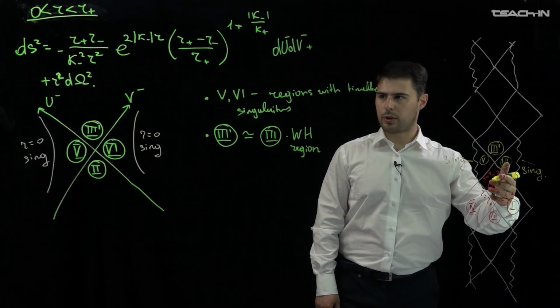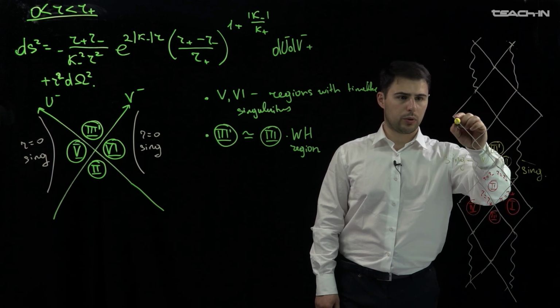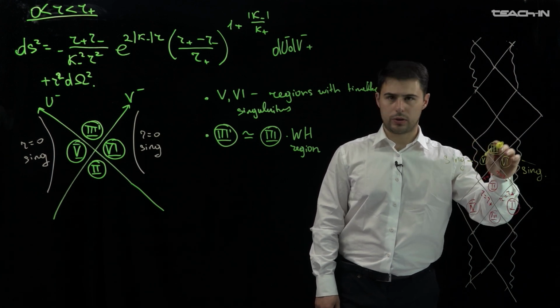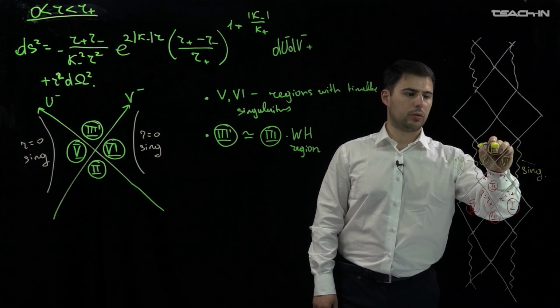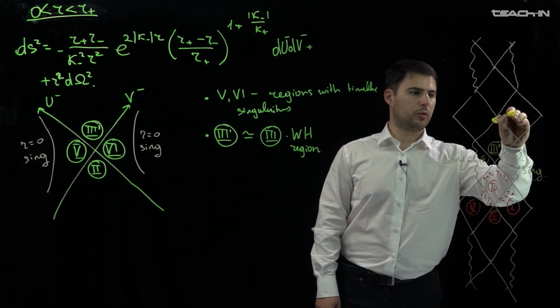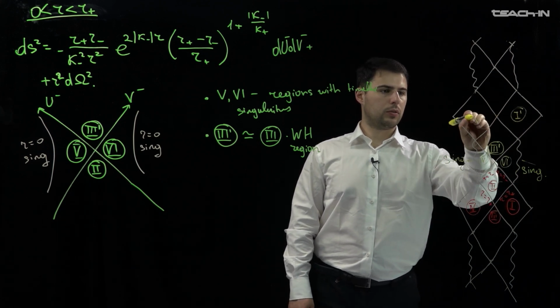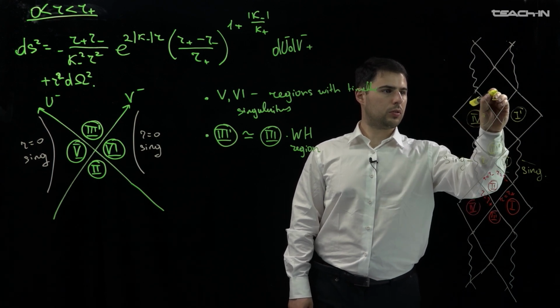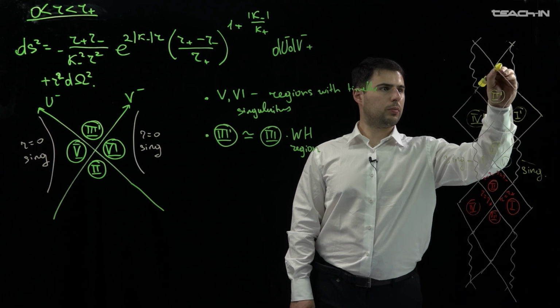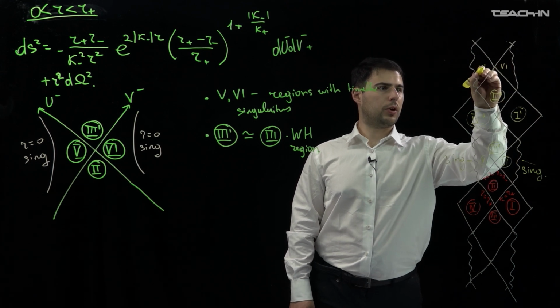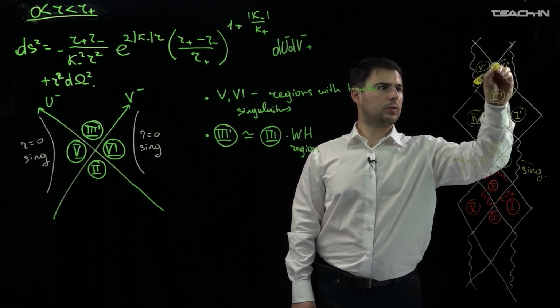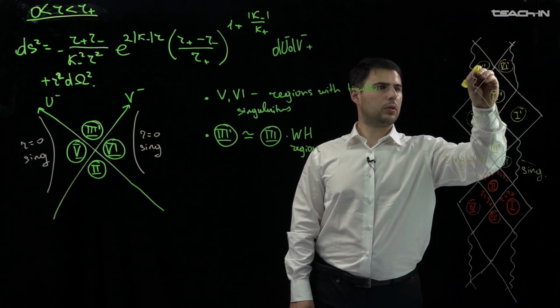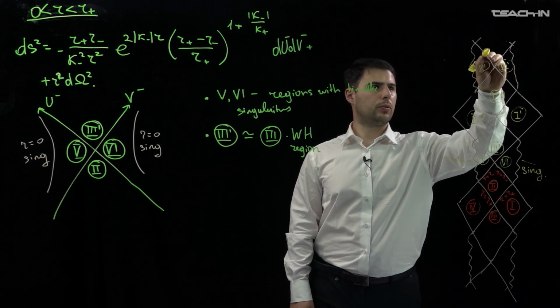The region 3' then allows to extend the Kruskal diagram indefinitely. So we'll have the region 3', we'll have the region 1', 4', 2', then 5' and 6', and so forth.